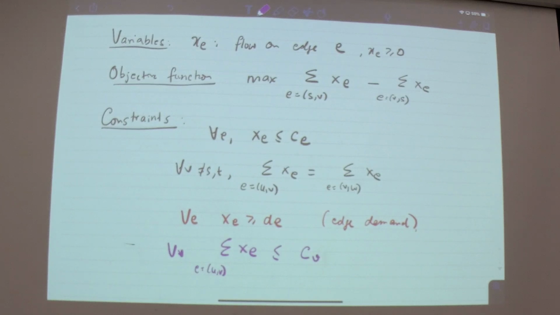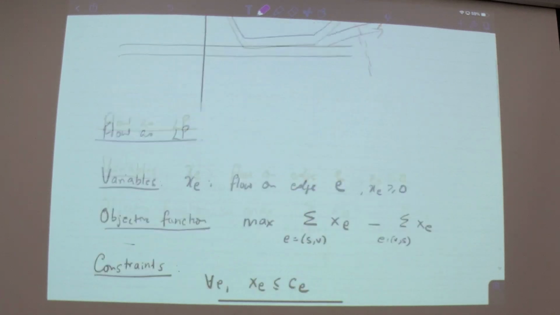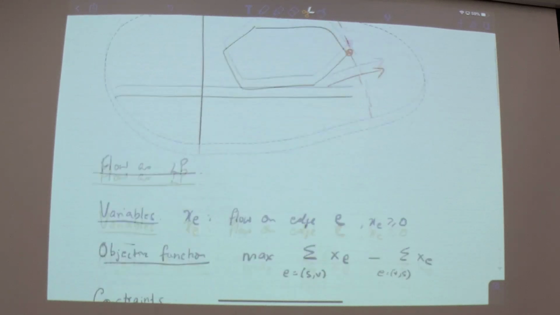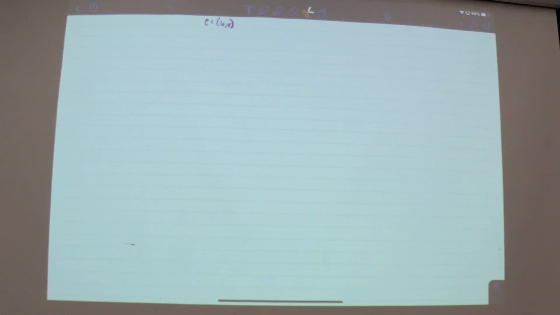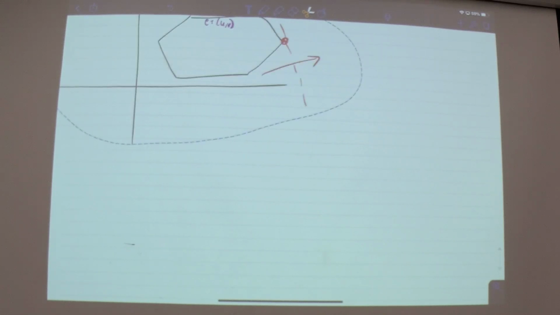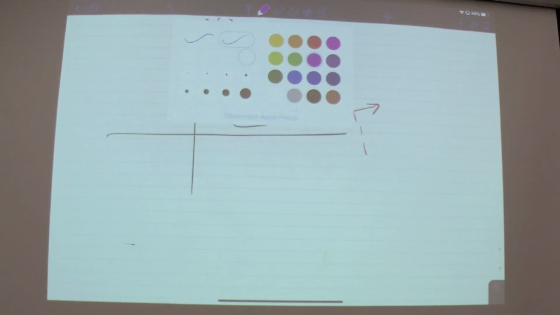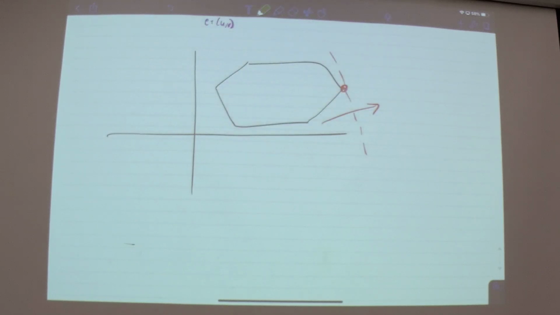So we haven't talked about this yet, right? But in the geometry of linear programming, what does it mean to say I want integer solutions? One way to think about this is to go back to our picture from above. Okay? And what I'm going to do now is add something inside it.